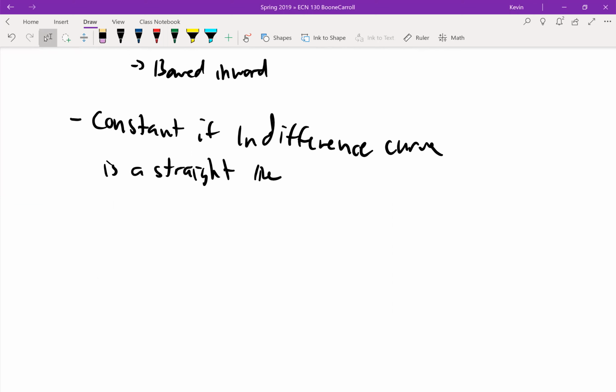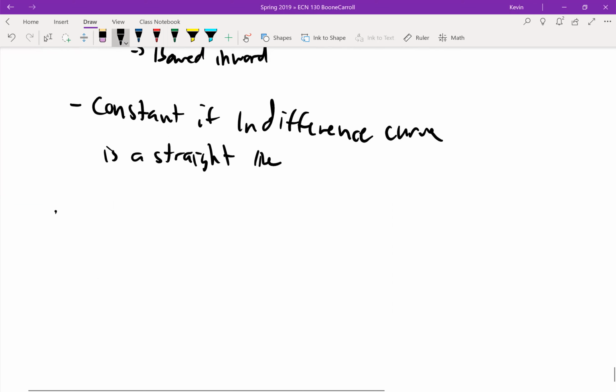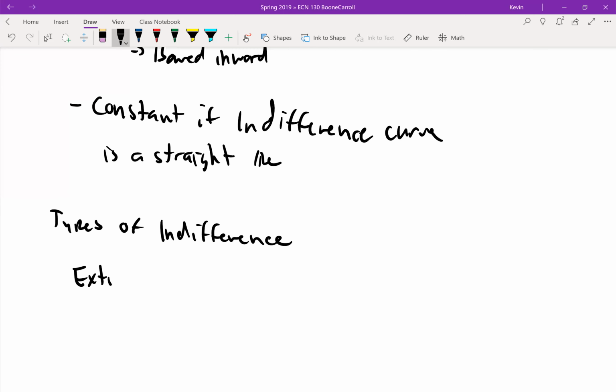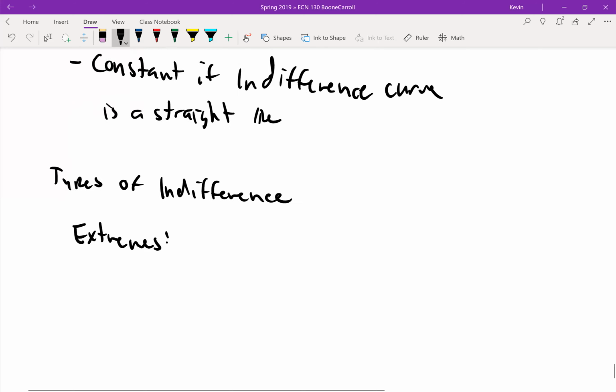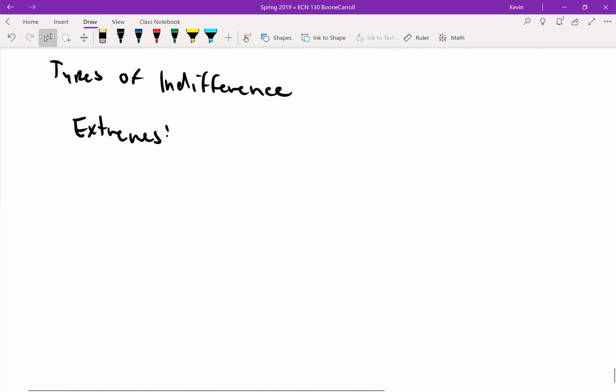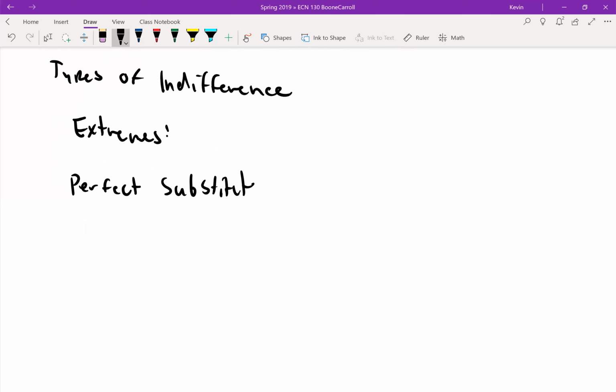So a couple things that we ran into with this is different types of indifference curves. And if we look at the extremes, we can kind of see what we really want to see. So suppose we have two goods that are perfect substitutes. And this would be something like nickels and dimes.